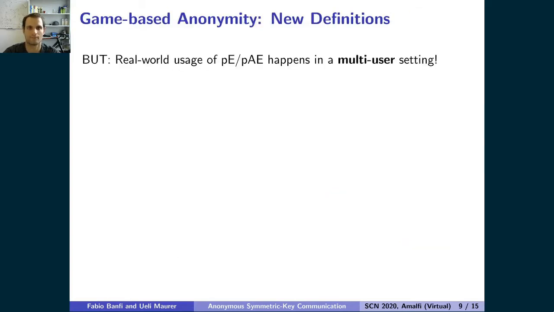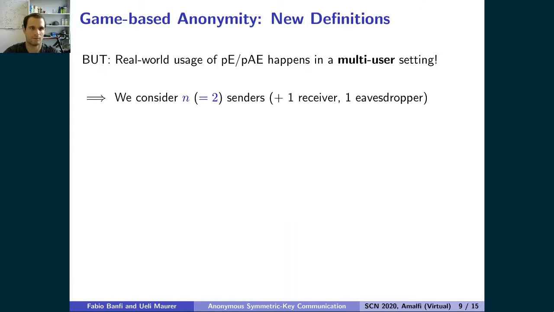Now we note that if we think of the internet, for example, in the real world PE and PAE are usually used in a multi-user setting, namely one where there are some number of senders which we generalize to some number n, and which in this presentation we keep fixed to 2 for easier presentation, and one receiver and one eavesdropper.